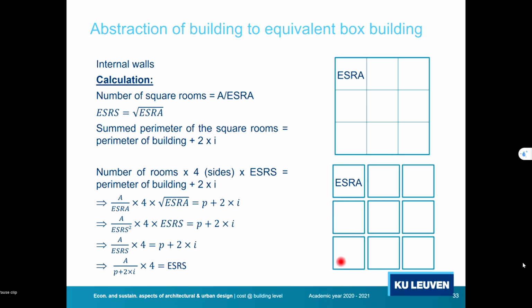If I put them together, I can see that the internal length of my real building should be equal to this length. They should be exactly the same, because that's what I'm aiming for. I want to have the same ratios. If I look at this picture, it is clear that the perimeter plus 2 times this length equals the sum of all the perimeters of these square rooms.